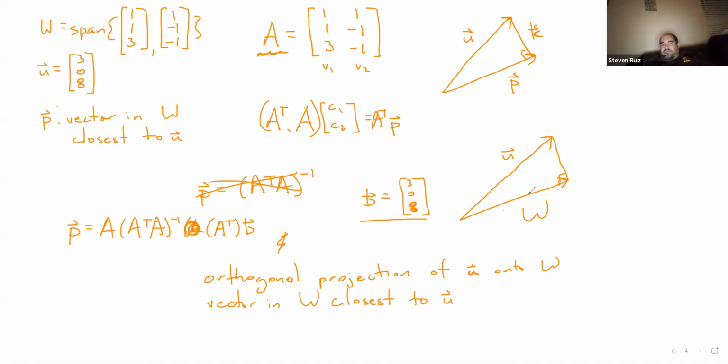I've said a few times tonight, which directions are the most similar. Another way to think about that, even though we're not calculating it, is that you're looking at the angle between these two vectors. I'm trying to make that angle as small as possible. That's what the orthogonal projection does.